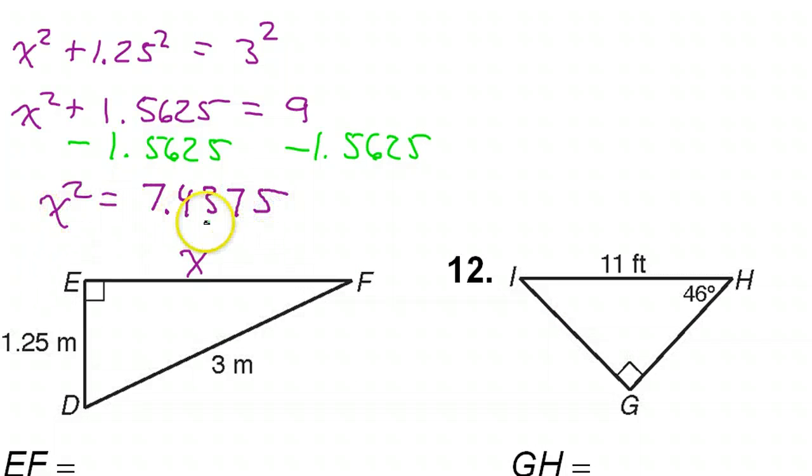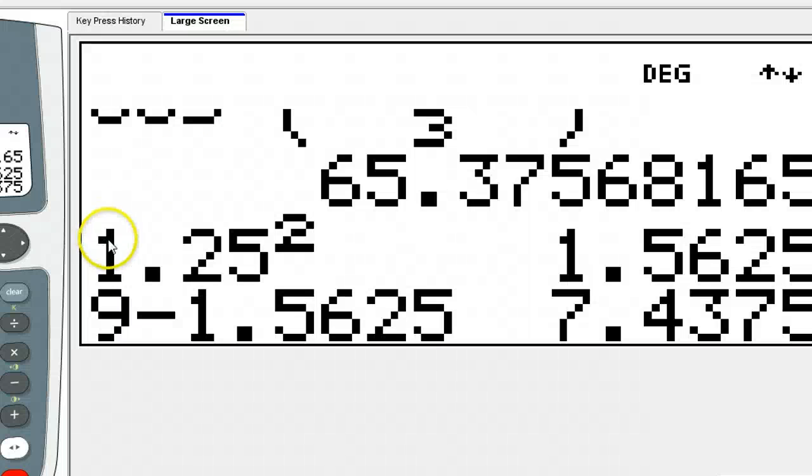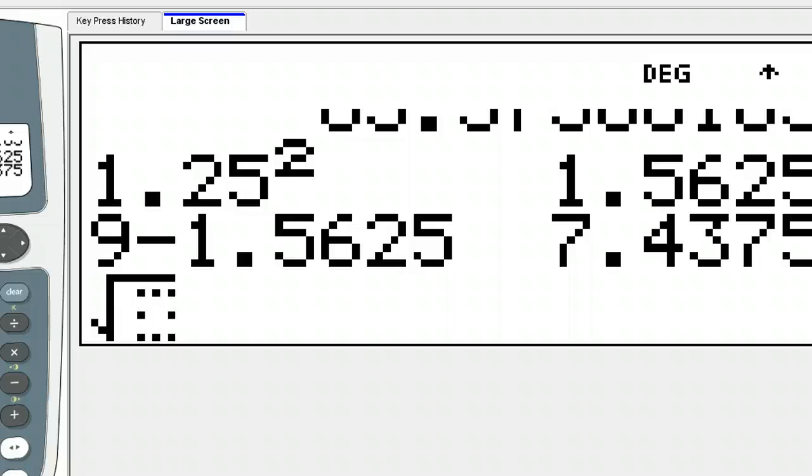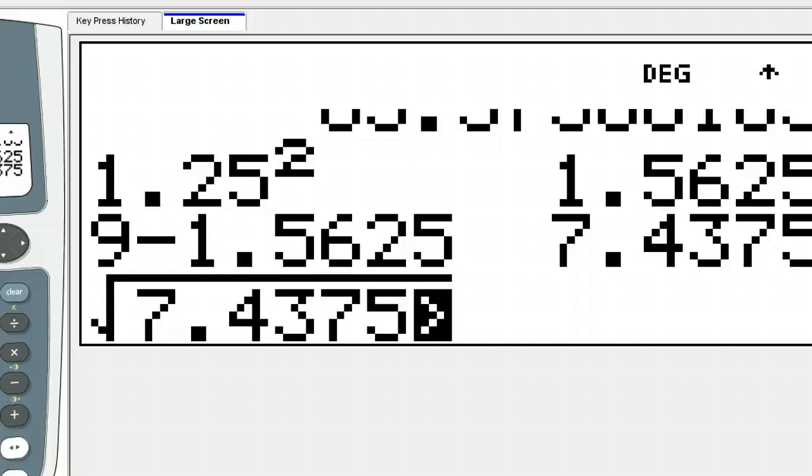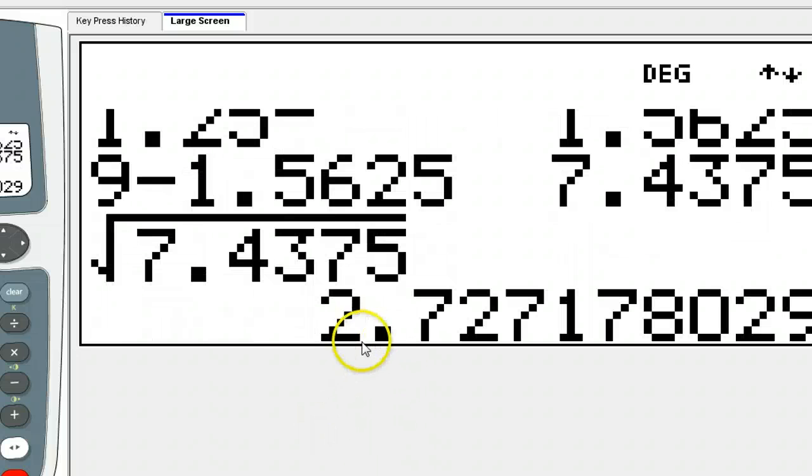So now I just need to take the square root of both sides. The square root of 7.4375 gives me 2.73 if you round up.